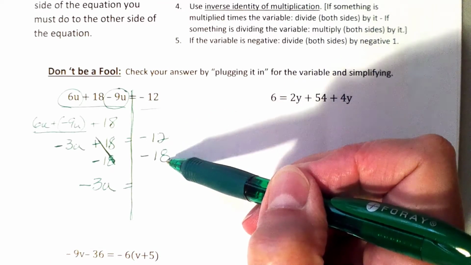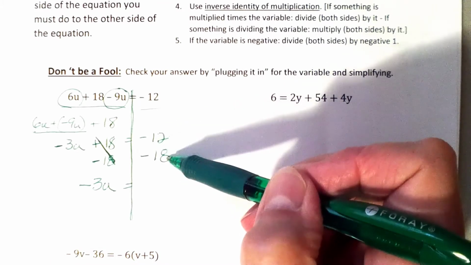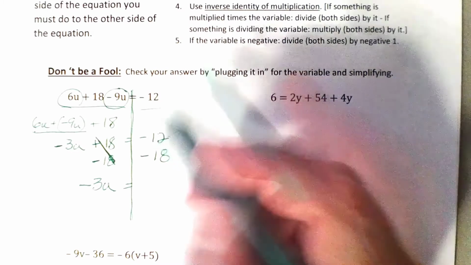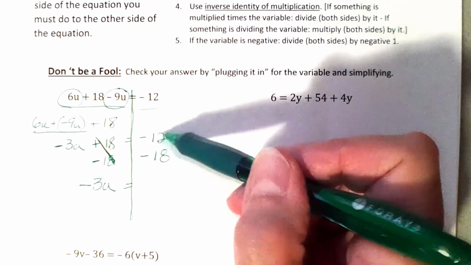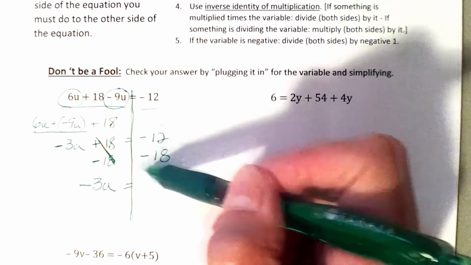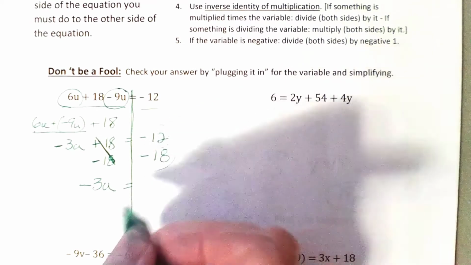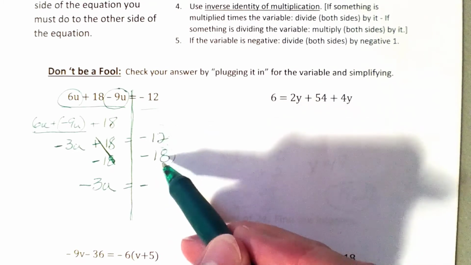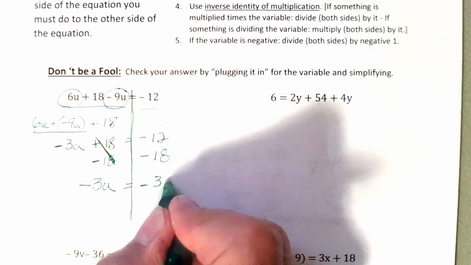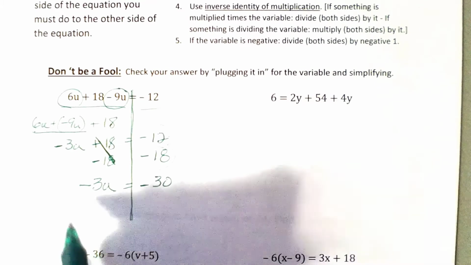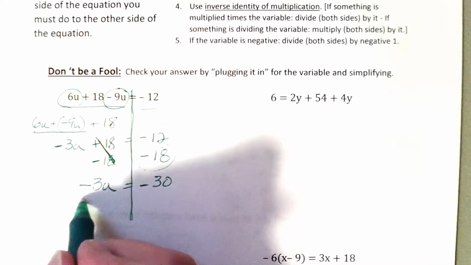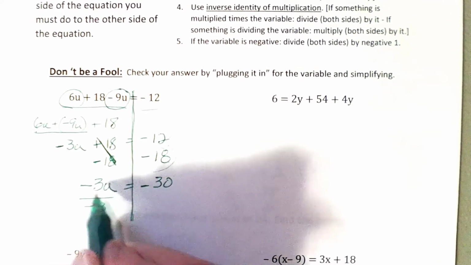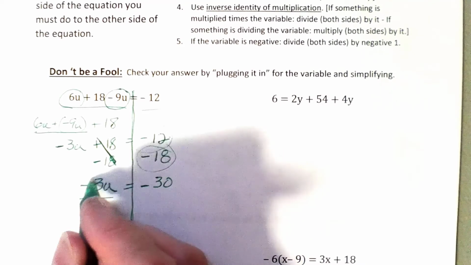However you look at that, whether you're combining a negative and a negative, so you're adding them together, or if you say this is plus a negative 18, I'm adding together a negative 12 and a negative 18. It stays negative because they're both negative. I have 12 of them and 18 of them, so altogether I have 30 of them. Then, because this is multiplied, I'm going to divide, because negative 3 divided by negative 3 gives me a 1.